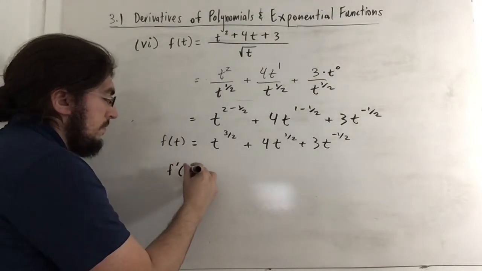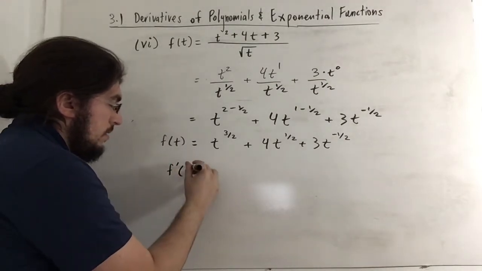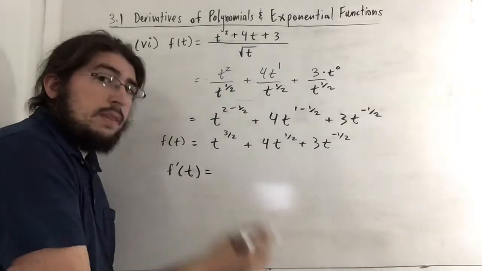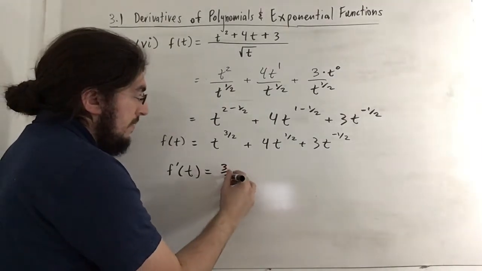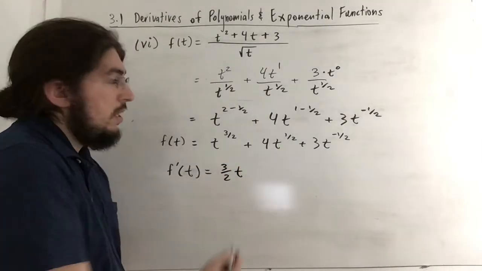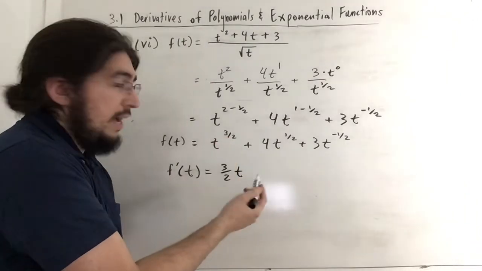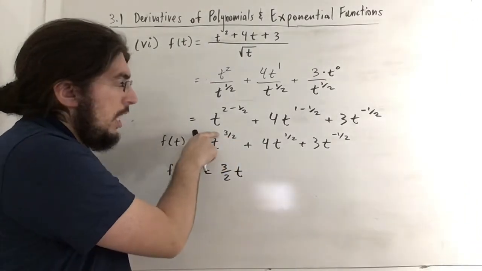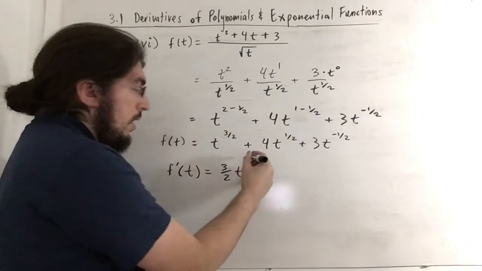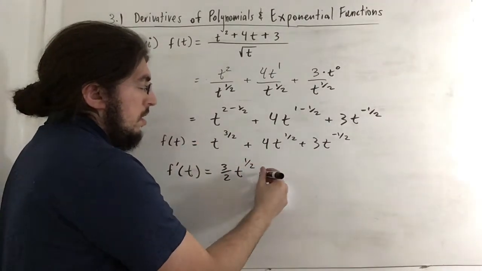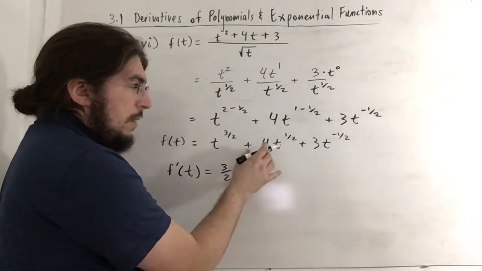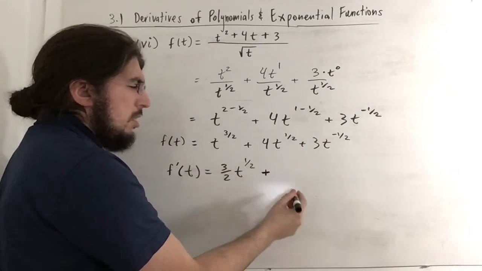So now, f prime of t is, applying the power rule, 3/2 t to the 3/2 minus 1 is just 1/2. Remember the trick. Top minus bottom, so 3 minus 2 is 1 over 2. Okay. I was going to write plus. It is still this plus actually.